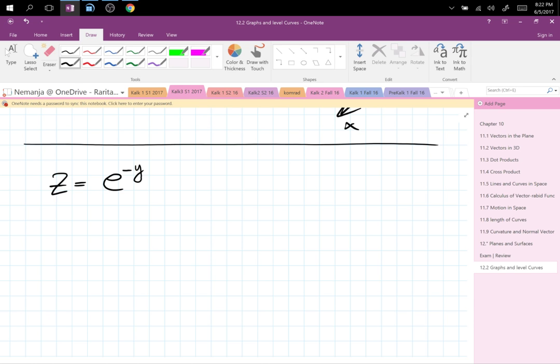Down, and which plane is that? Why is it? Hang on, I gotta make my graphs.